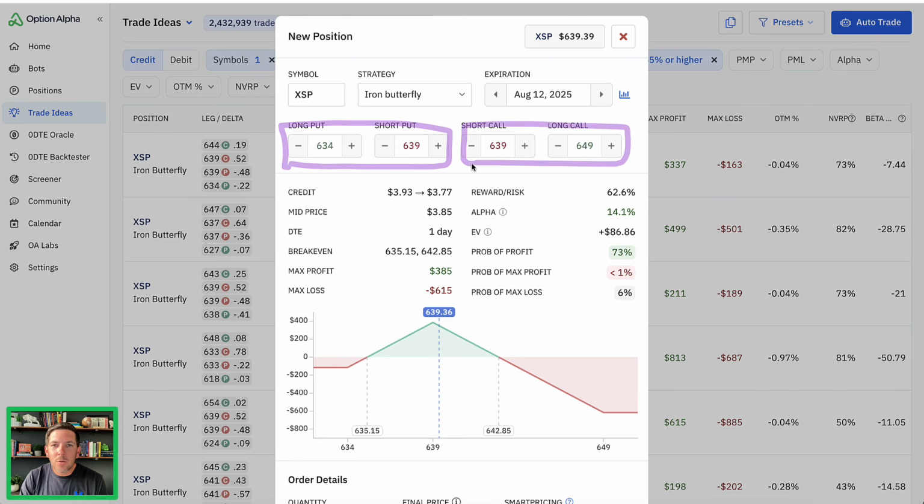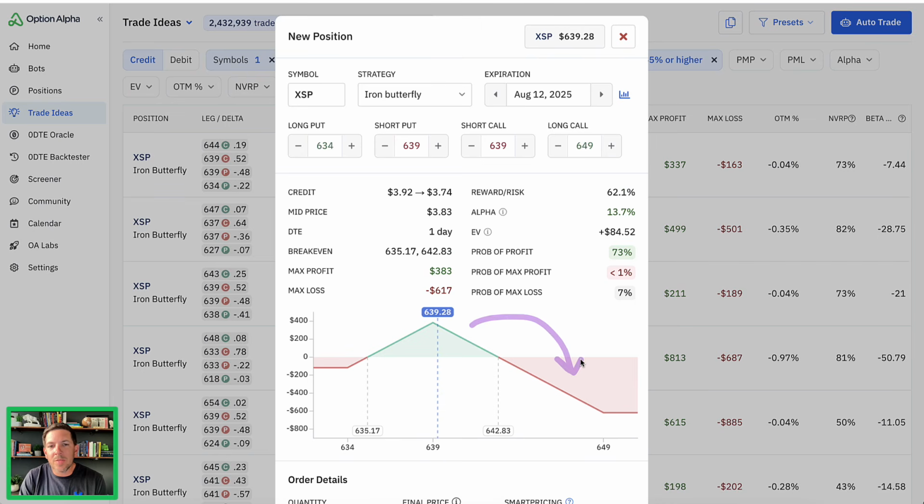This creates what's called an unbalanced, tilted, or skewed iron butterfly payoff diagram, where you're taking more risk on one side of the position. So this is a pretty unique one that you could do, where you have the risk of losing $116 on the lower side here, and on the top side, your risk is $615.